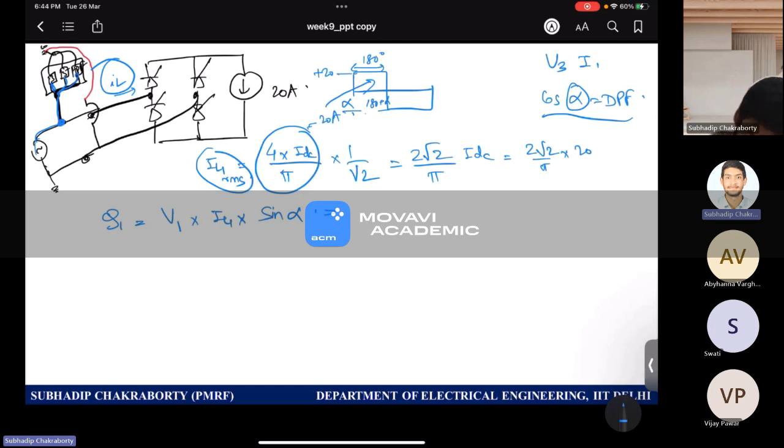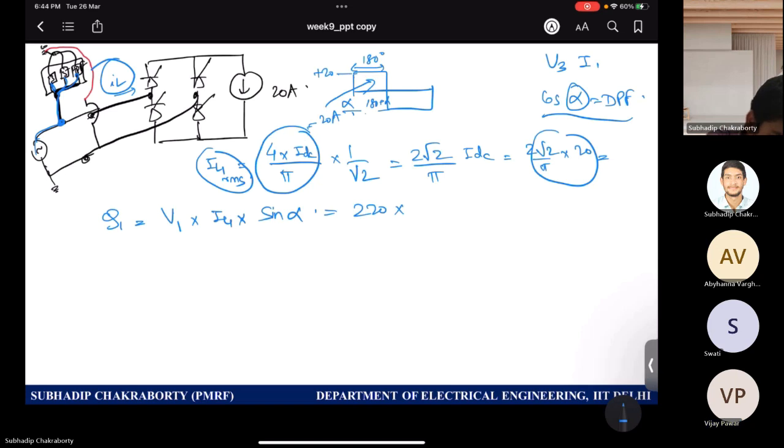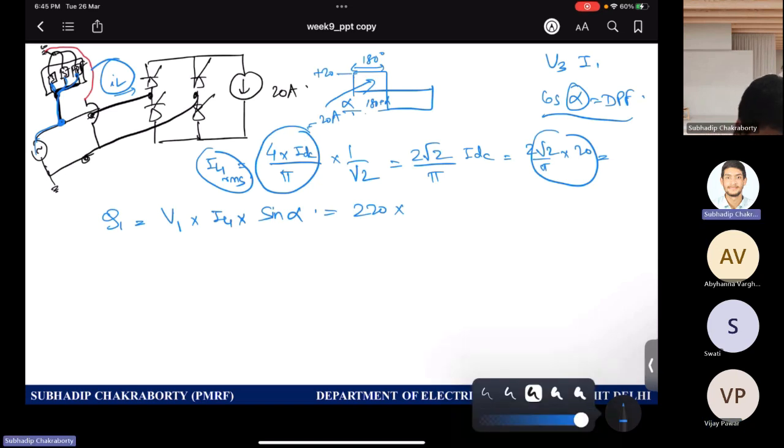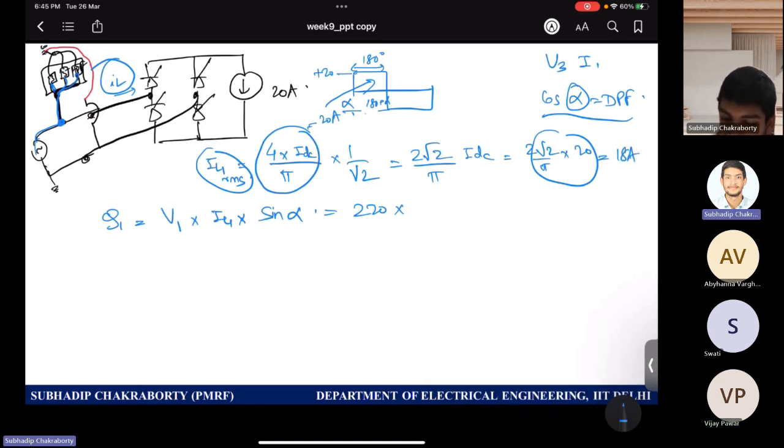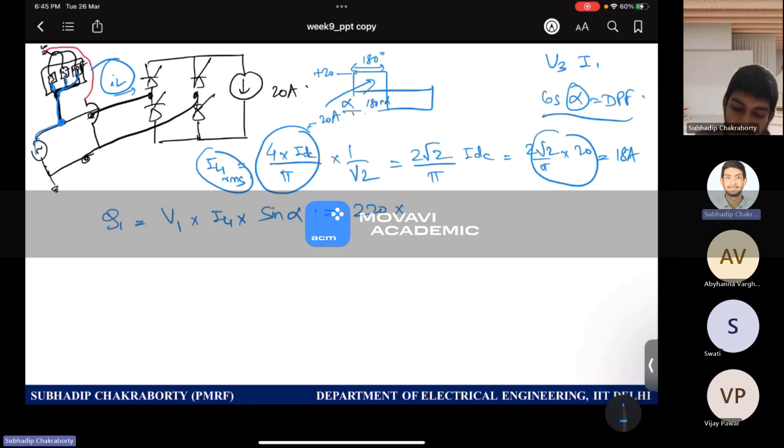So what you expect from this is 220 into, oh, what is this? Can you kindly calculate 2 root 2 by pi into 20? 18 amperes. Yes, 18 amperes is the fundamental RMS ampere value.